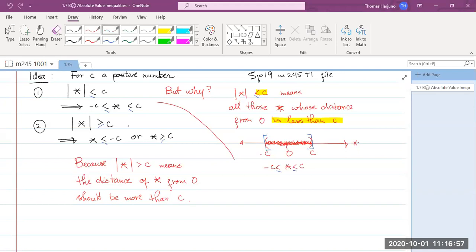If we have an equal sign, then it will be more than or equal to.